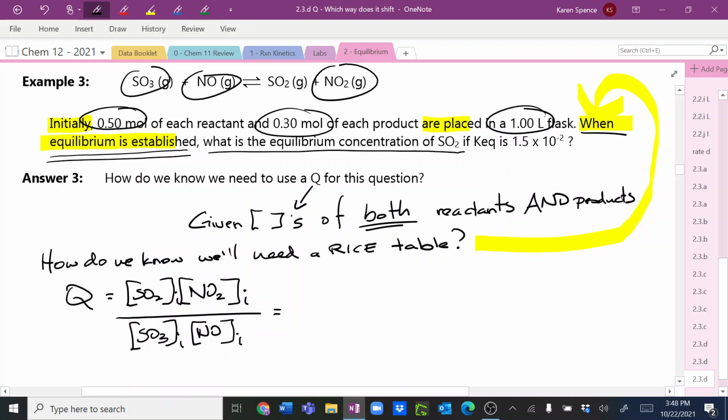It's a 1-liter flask, so each of the products is 0.3 moles in 1 liter, so that's 0.30, and because there's 2 of them, I'm going to square it. And we also have 0.5 moles of each reactant, so 0.50 squared. We do the math: 0.3 squared divided by 0.5 squared equals, just 0.36, not 0.036.